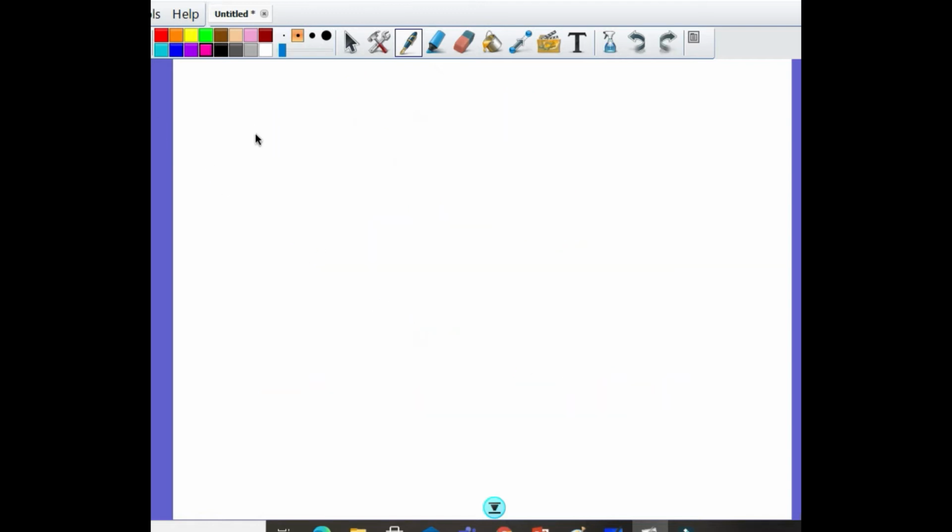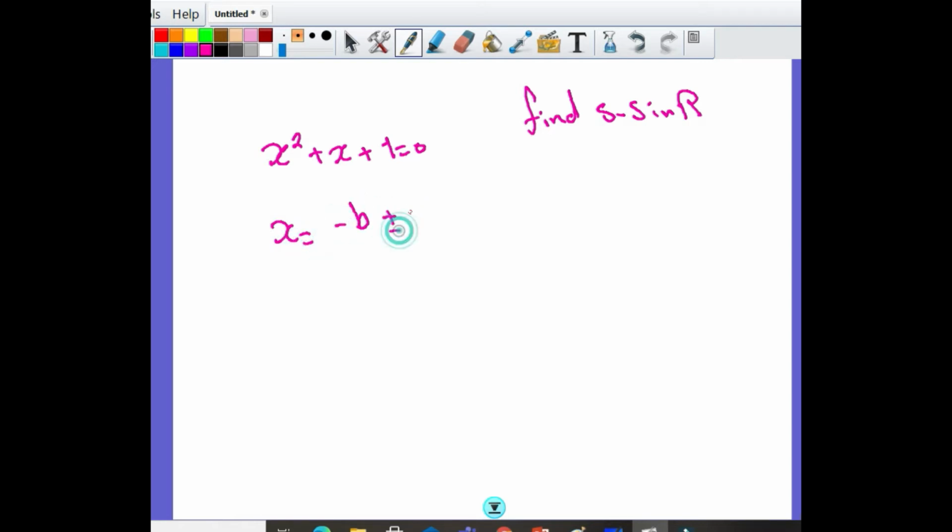Do you remember when we have x power 2 plus x plus 1 equals 0 and the question is to find the solution set in R? We say that this doesn't have a solution set in R. Why? By using the general formula x equals negative b, positive or negative the square root of b power 2 minus 4ac, divided by 2a.